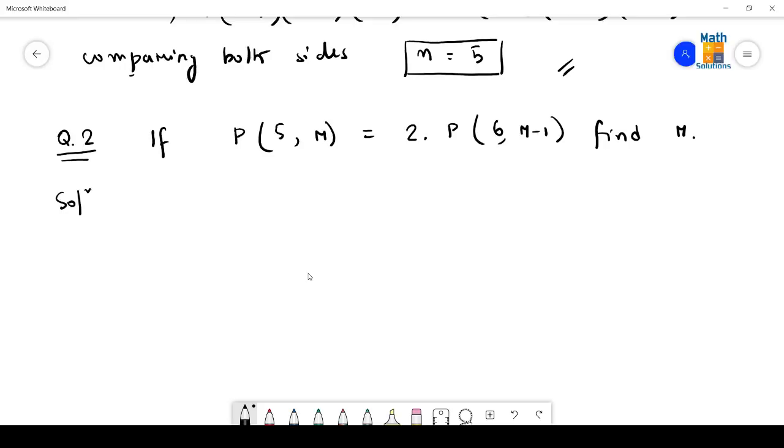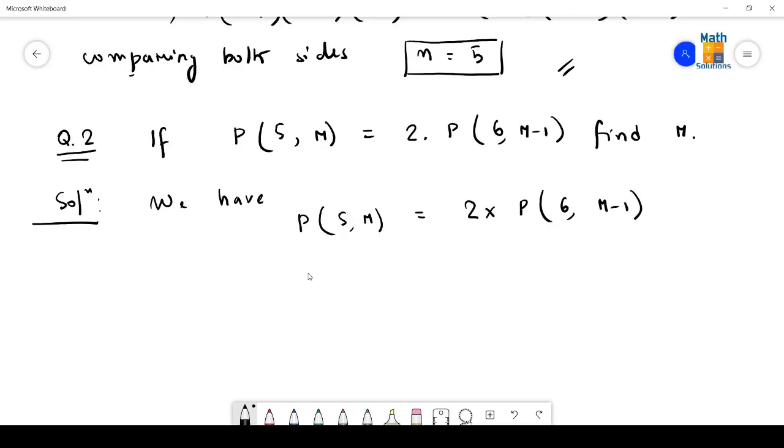So coming to the solution part, what can I write? We have P 5 comma R is equal to 2 into P 6 comma R minus 1.